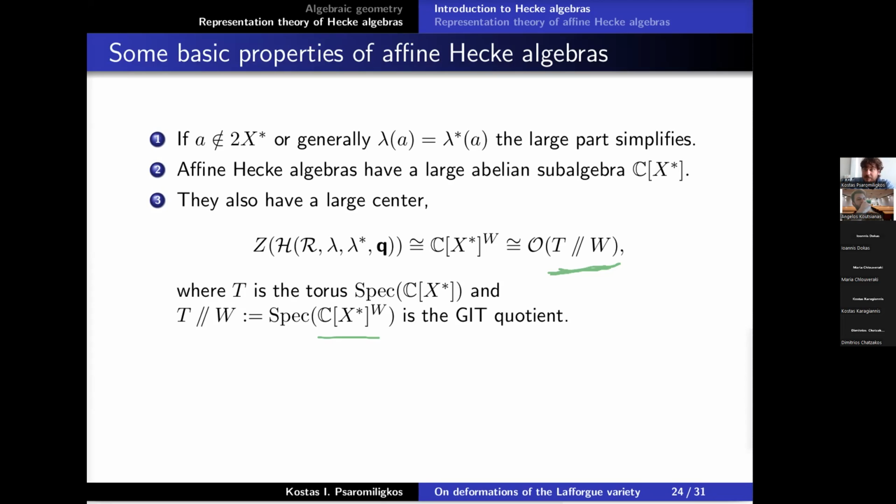You would expect they are the functions that are invariant under the action of the group. So you define the quotient that way, and it satisfies a lot of reasonable properties, but just by definition, T mod W will be the spectrum of this. So in particular, the center is regular functions on T mod W.